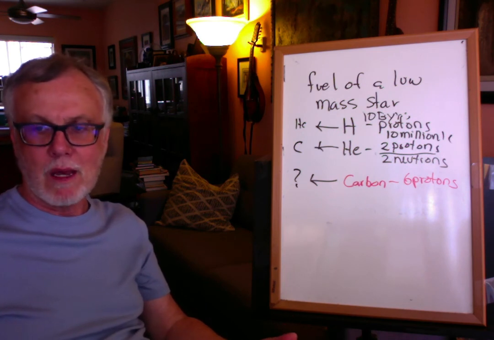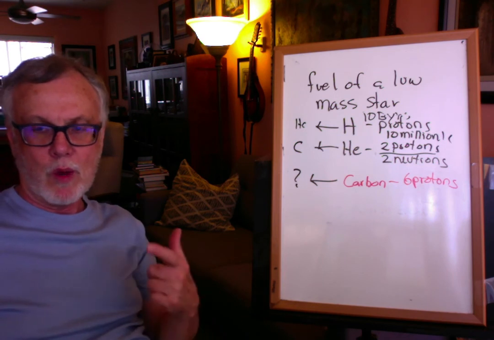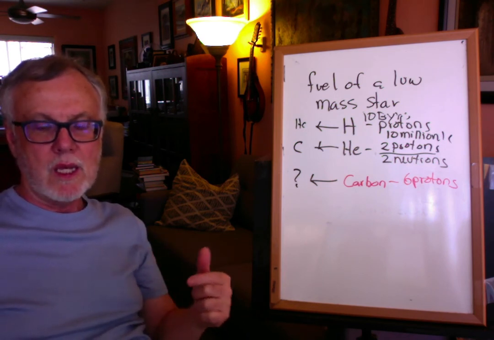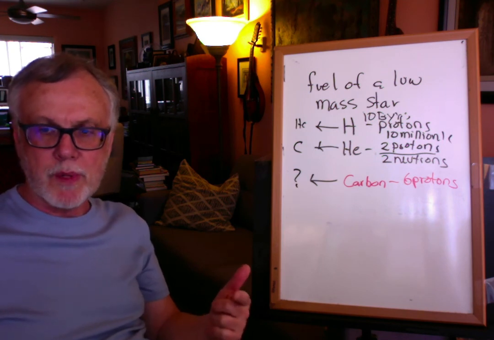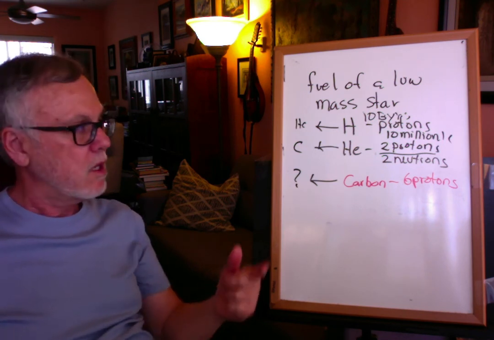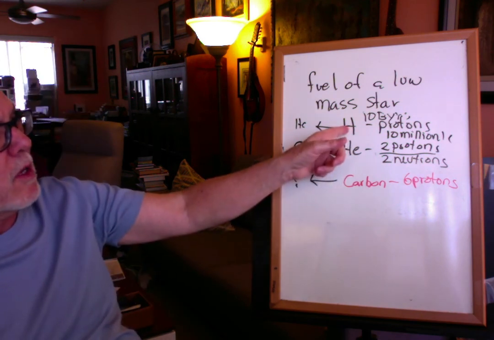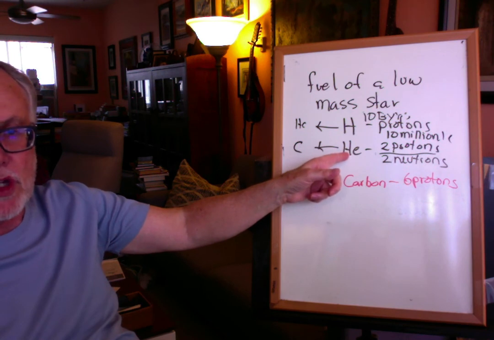I'm not going to ask you how long each fuel is going to last. You look that stuff up. I'm not interested. What I do want you to understand is that the amount of time a new fuel is usable is less time than the previous fuel. So hydrogen was the first fuel, used up at a certain amount of time. Helium was the second fuel, used up in much less time.